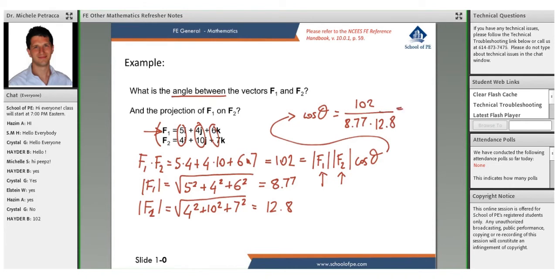And so we have that the cosine of theta is 0.905. And so theta is the arccosine of 0.905, which you can do with the calculator. And if you set your calculator in degrees, you will get 25.2 degrees. Any questions on this procedure?